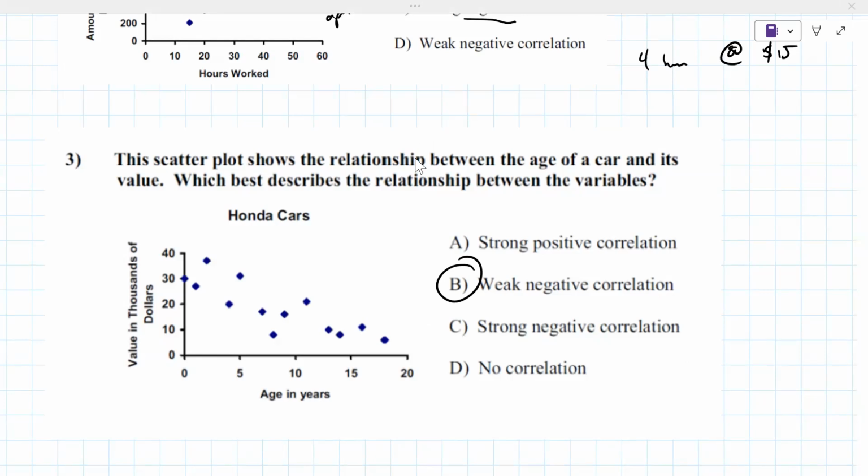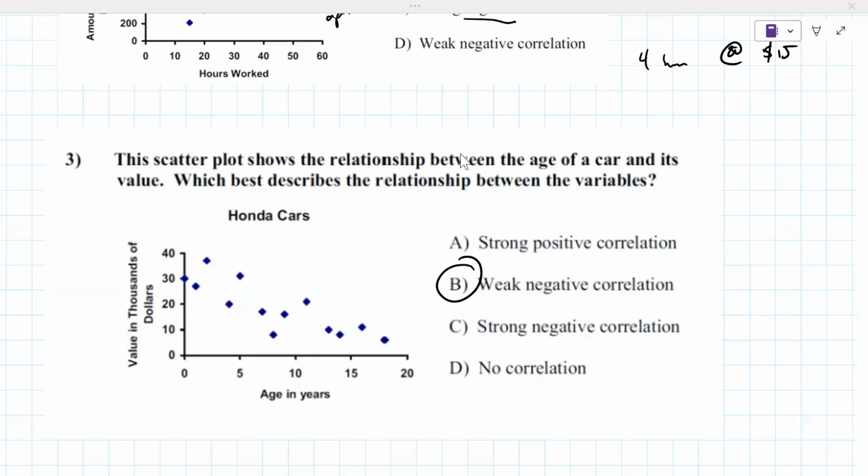Now, what is the scenario that they're trying to describe here? What do you see in the graph? What does it say, the value, in the bolded thing here?